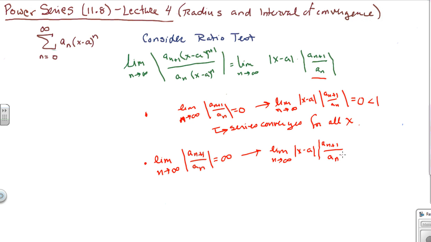However, if x itself is equal to a, this all zeroes out, right? So if x equals a, this is equal to the limit as n goes to infinity of just 0, right? Because everything just zeroes out then, which is 0.